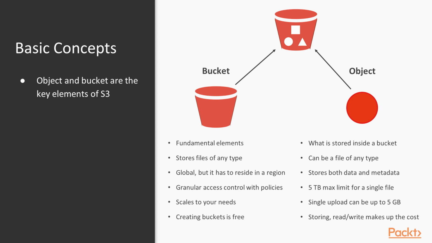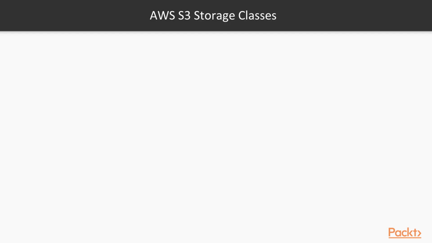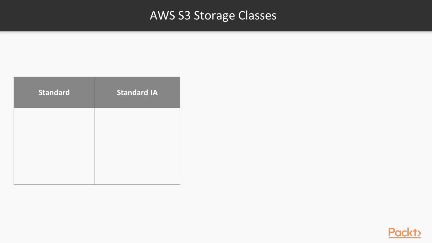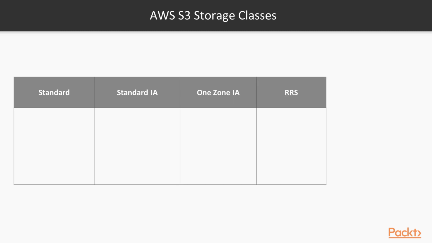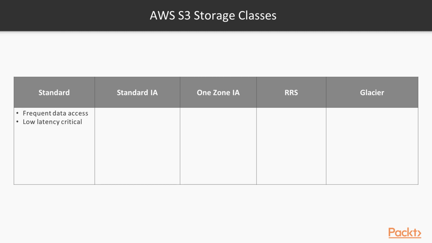Now let's talk about the storage classes in S3. S3 basically has 5 different storage classes. The first is Standard, then Standard infrequent access, One Zone infrequent access, RRS, and finally Glacier, which is the cold storage. Let's start with the Standard model.